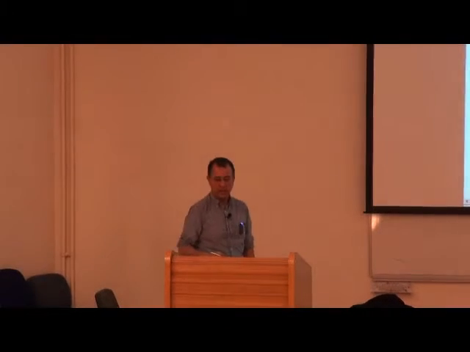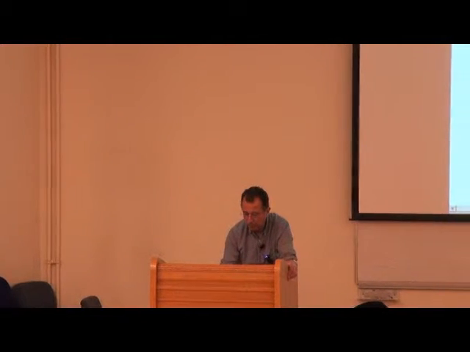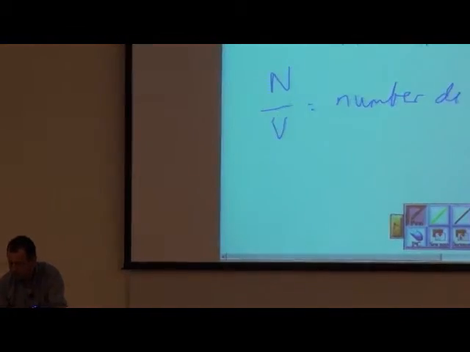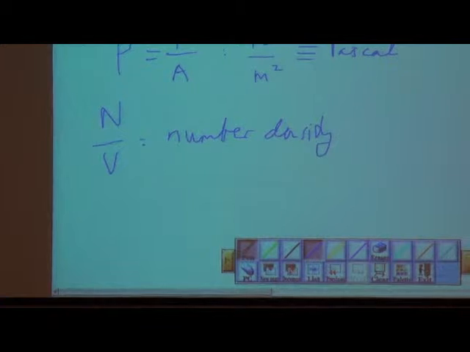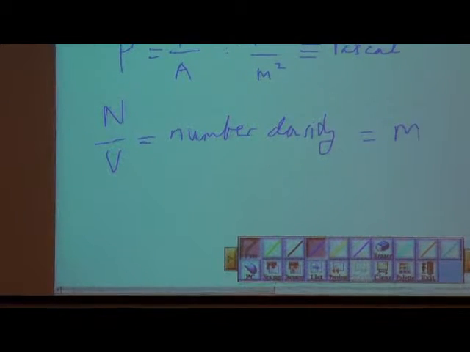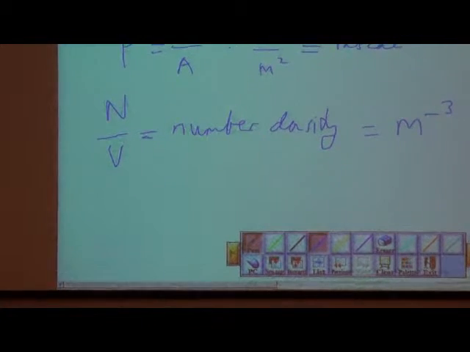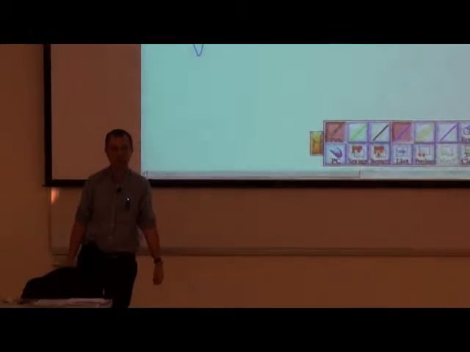And N over V, number density. Our unit for that is, of course, what? Meter to the minus 3, 1 over meters cubed. The number has no units.